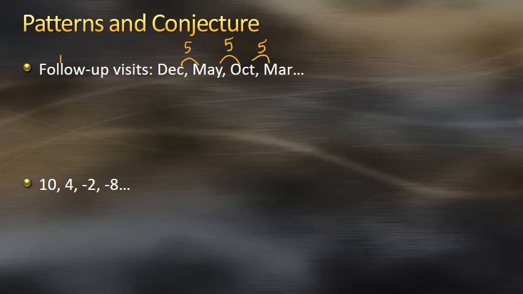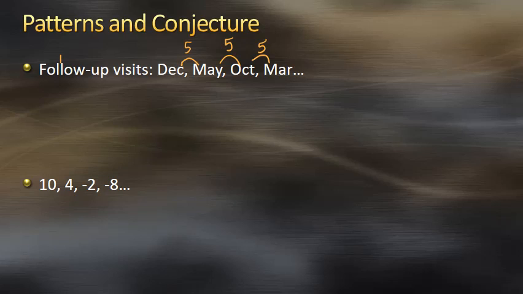So then we can make a conjecture that each follow-up visit is 5 months from the preceding month. And if that's true, our conjecture could be that our next follow-up visit would be 5 months from March. So let's see, April, May, June, July, August.